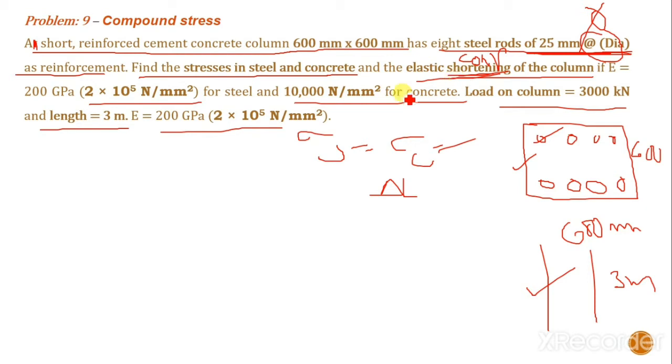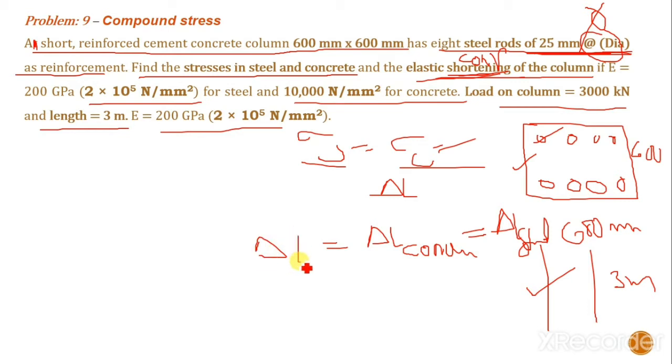Okay, so now let us find out sigma s, stress in steel, sigma c, stress in concrete, and delta L, the elastic shortening of the column. Here delta L C, the change in length in concrete, is equal to delta L of steel, but this can also be written simply as delta L of column.